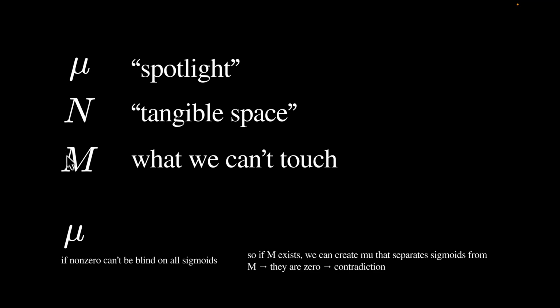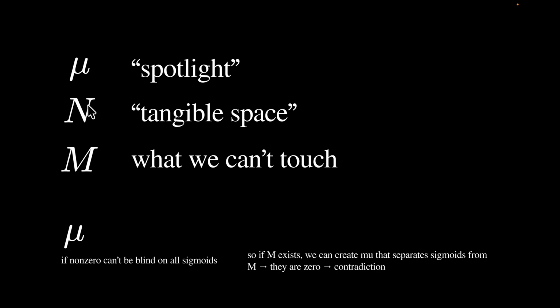So there's a mu that separates uppercase M from N, and that is what we're looking for. If there is such a mu, all of the uppercase N's are zero. And we say that this mu must not be zero. And that makes all of them zero.